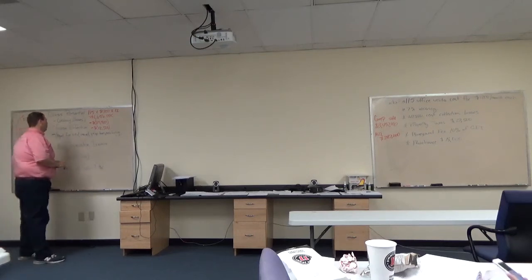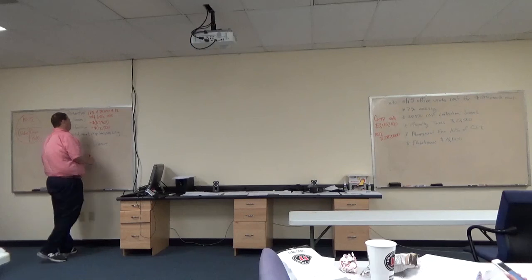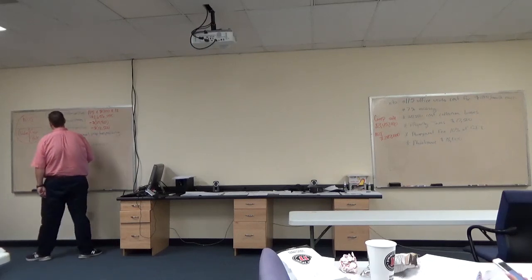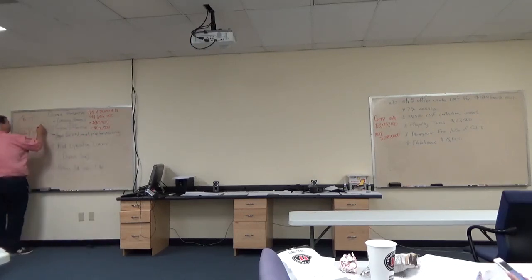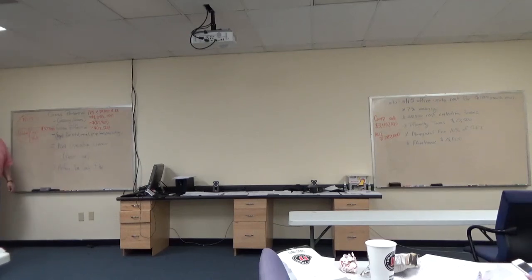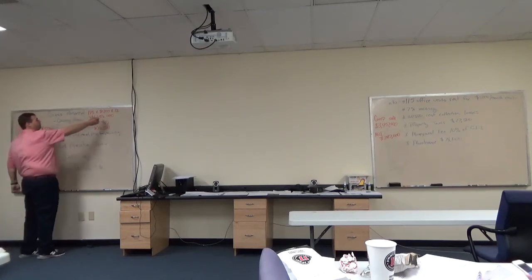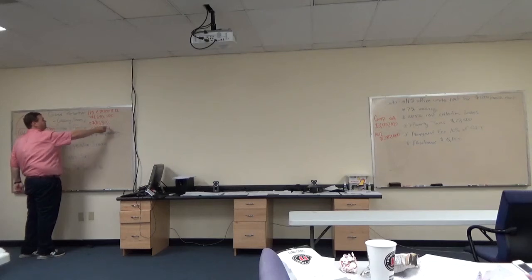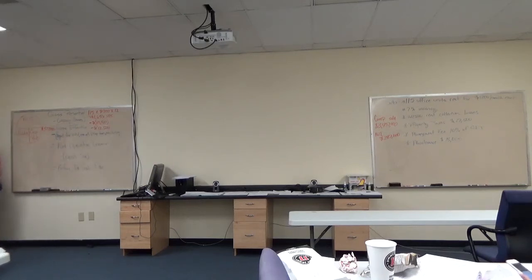So what do I come up with here now for my gross effective income? It's $1,527,580, which is simply my gross potential minus my vacancy, minus my collection losses over here. Is everybody all right with that number?